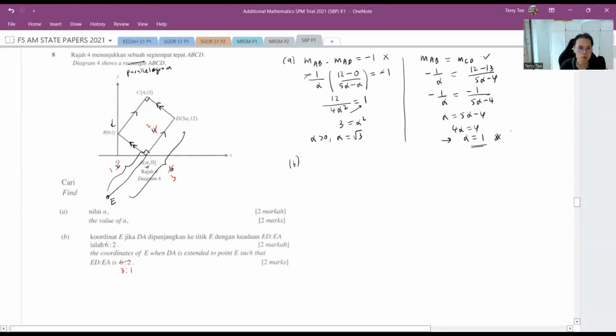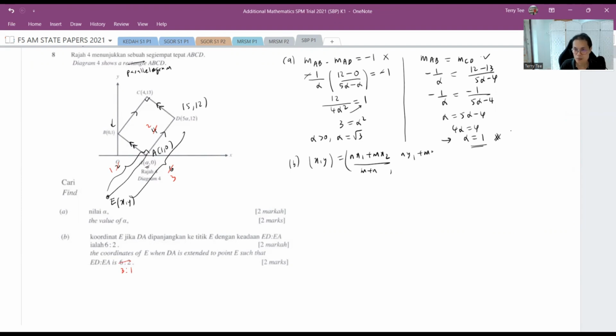Okay. So we're going to let E be x, y. We already know your alpha is 1, so D is 5, 12. Remember, when you're given a point that divides a line segment according to 2 parts, we use the formula x, y equals mx1 plus nx2 over m plus n, and my1 plus ny2 over m plus n.